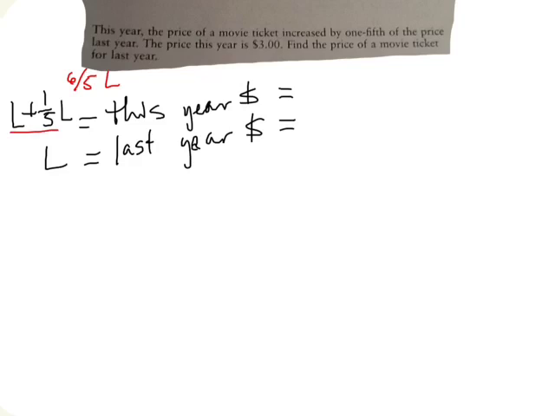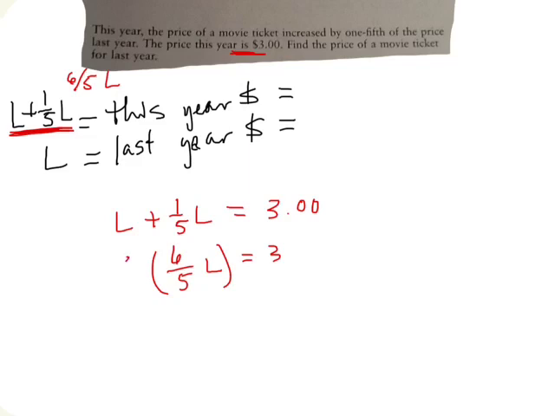All right, so the price this year is $3. So if you look, this price, L plus 1/5 L, is $3. Okay, so I do have 6/5 L equals 3. I'm going to solve for that. Remember, I multiply, and I'm going to show this one. I multiply by 5/6. Multiply this by 5/6.